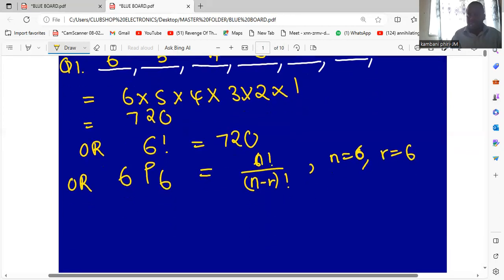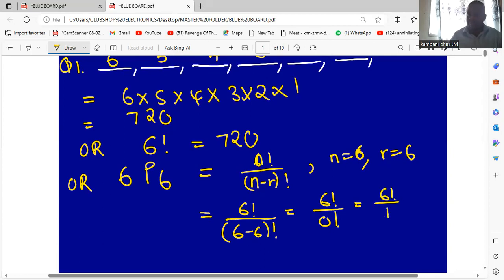So you can say 6 factorial divided by 6 minus 6 factorial. This will be equal to 6 factorial divided by 0 factorial. Now, 0 factorial is never equal to 0. So 6 factorial divided by 0 factorial is 6 factorial, and the 6 factorial is 720, like we've done there.